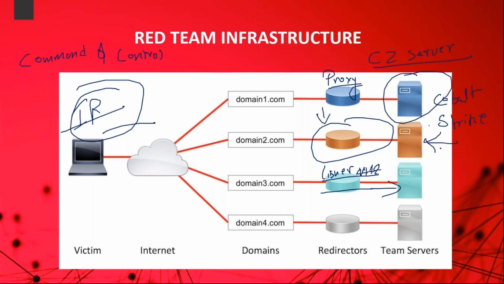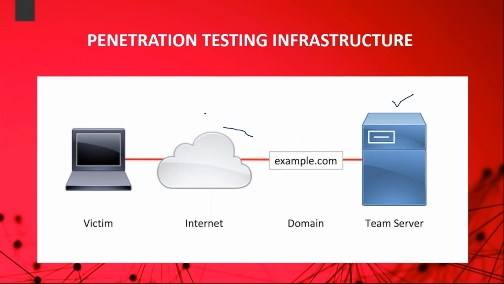Your main team server will not be detected, right? So these are called redirectors. Every redirector is taking care of every team server. That is the difference between penetration testing infrastructure and red team infrastructure.